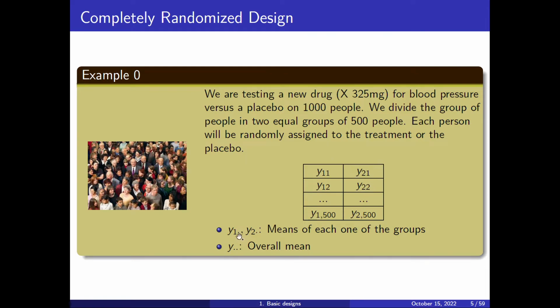When we average over a subindex, we put a dot, to say I don't care about that specific index. Then we can compute the overall mean of the 1000 numbers, averaging over the first index too, so we don't care about the specific person or the specific group. This is the overall mean.